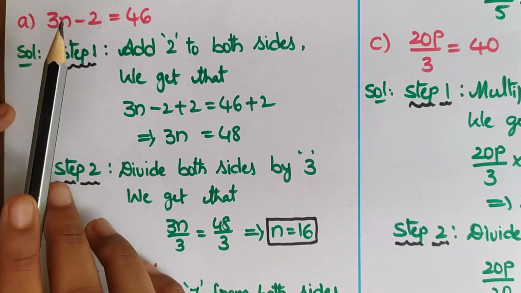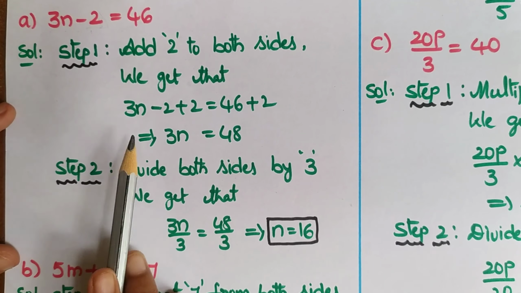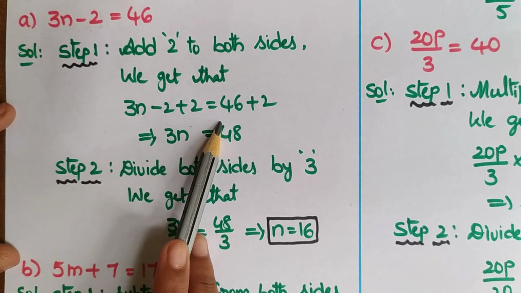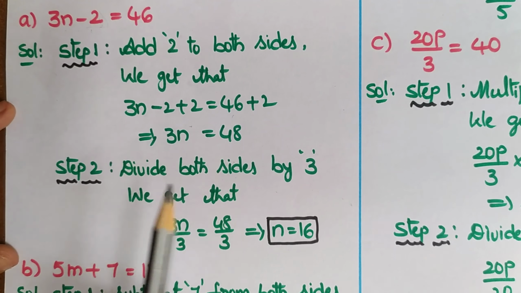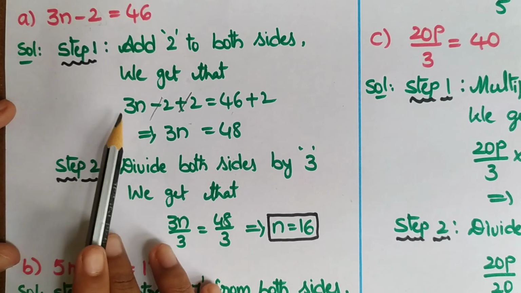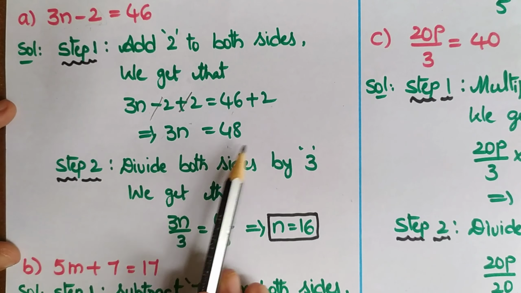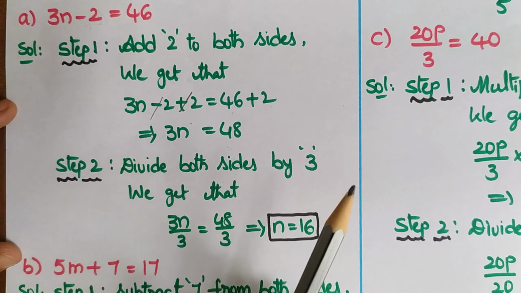If we add 2 to LHS, we have to add 2 to RHS also. So it is 3n minus 2 plus 2 is equal to 46 plus 2, right? Now here minus 2 plus 2 get cancelled and we are left with 3n is equal to 46 plus 2 is 48. So 3n is equal to 48.